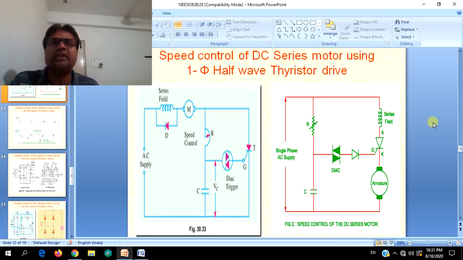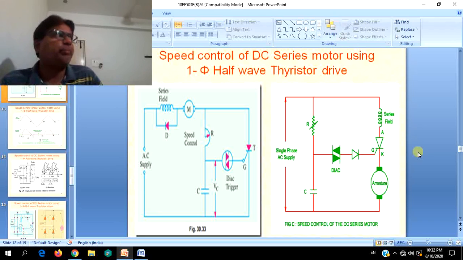Next, we will take up the case of speed control of DC series motors using a single phase half wave thyristor drive. Again, contrary to the previous case of the shunt motor, this is the simplest one, where we have the field and armature connected in series, whereas in the case of shunt motors, the field is connected in parallel or shunt with the armature.